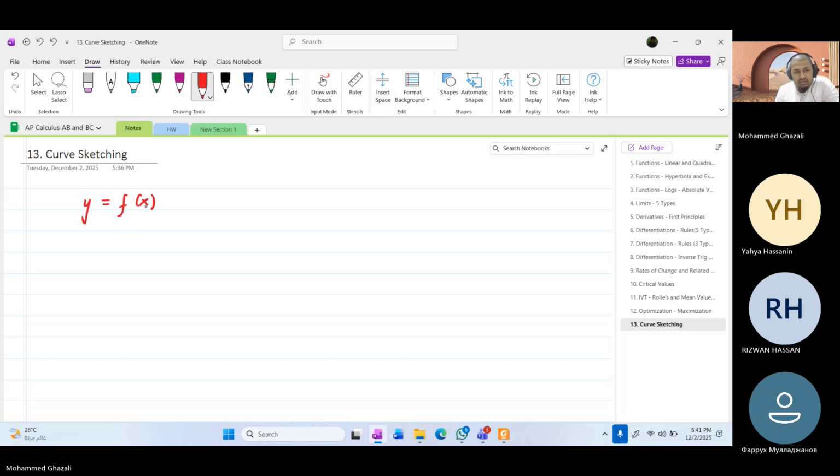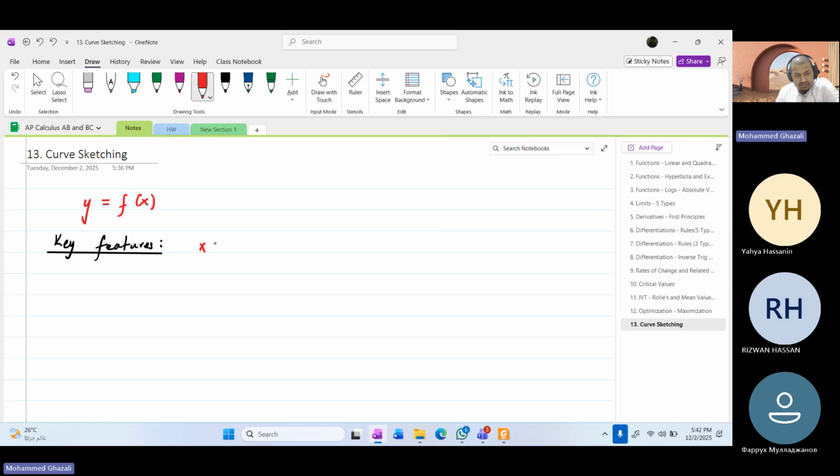In order to sketch a curve of f of x, we need some important key features. So what are the key features? The key features are the x and y intercepts.